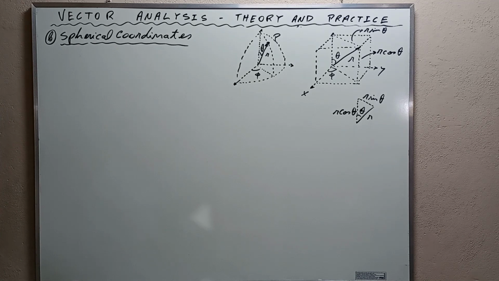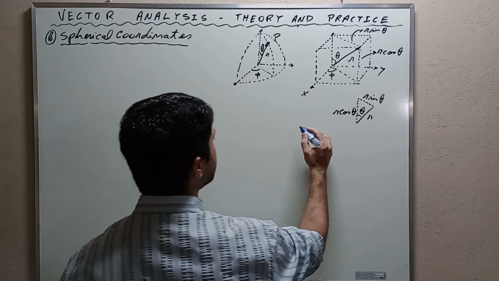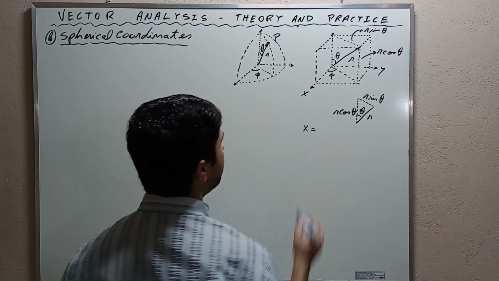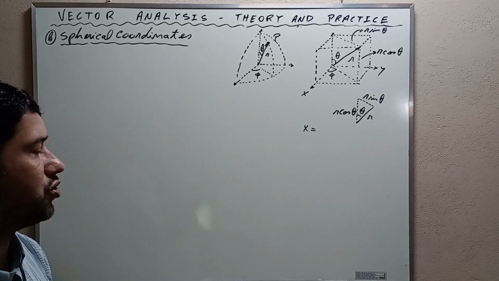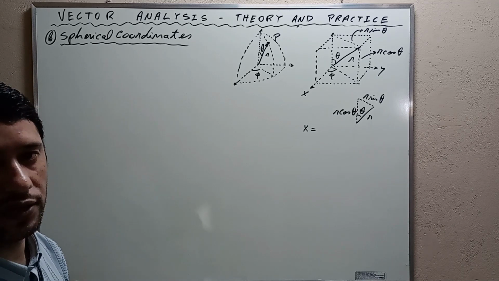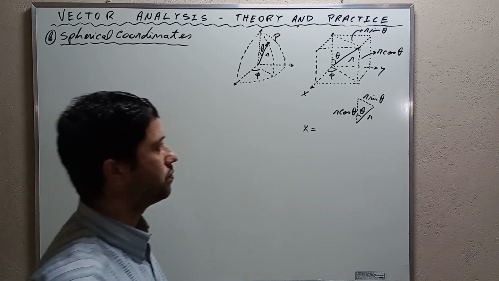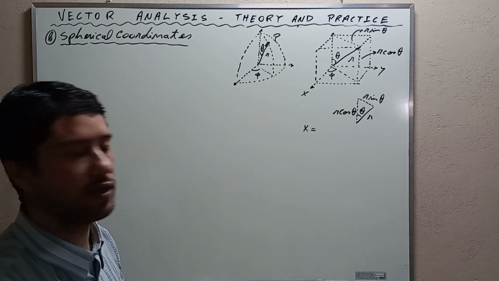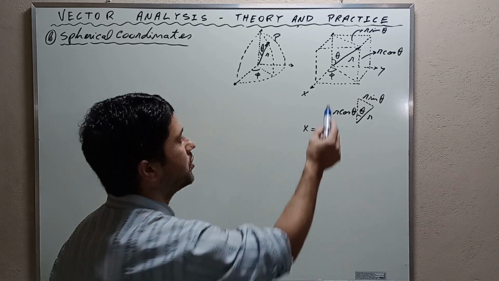Understanding this, we can write x and y in terms of the projection as cosine and sine, okay? X is equal to the projection. Let's call the projection any kind of letter. Okay, let's invent tau. Tau. The projection here, okay?